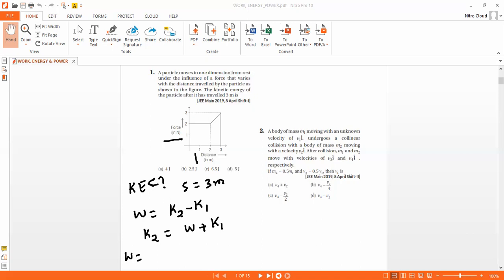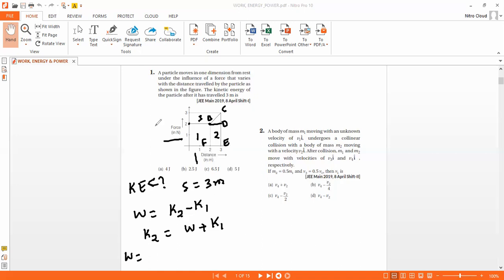Firstly, we have points 1, 2 and 3. Let us name this point A, this point B, C, and I'll draw a perpendicular D, and this one is E, and here it is F.